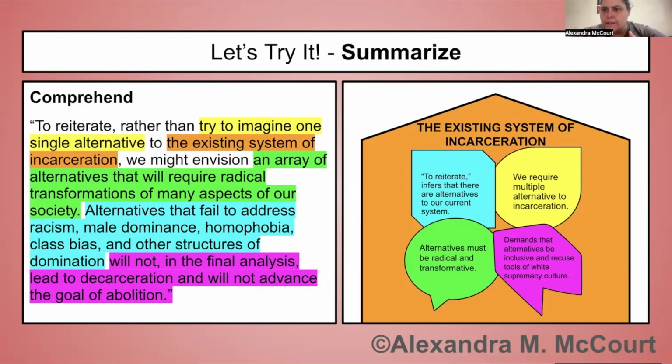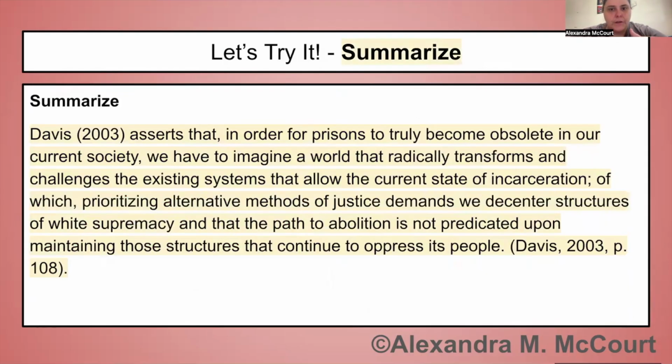But how do we translate all of this into a written summary? Based on all of these ideas, I paraphrased Davis and I wrote a summary. So here's what I wrote.